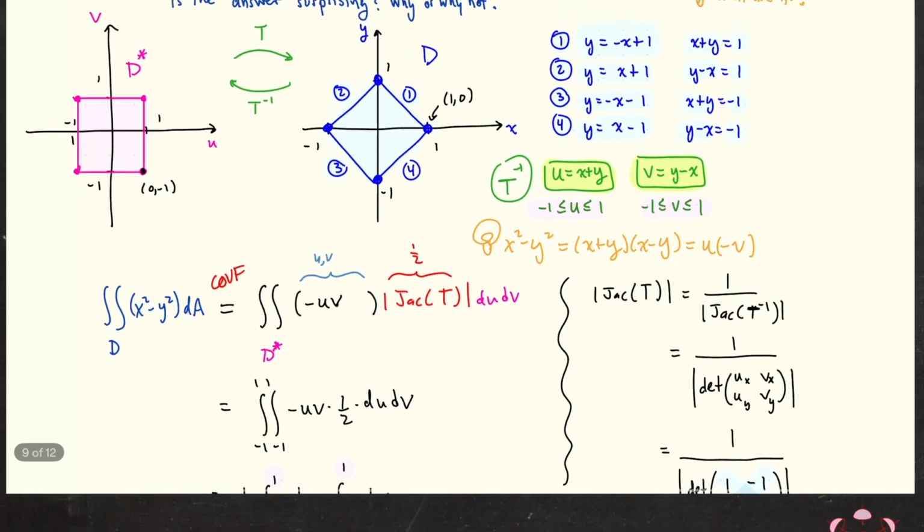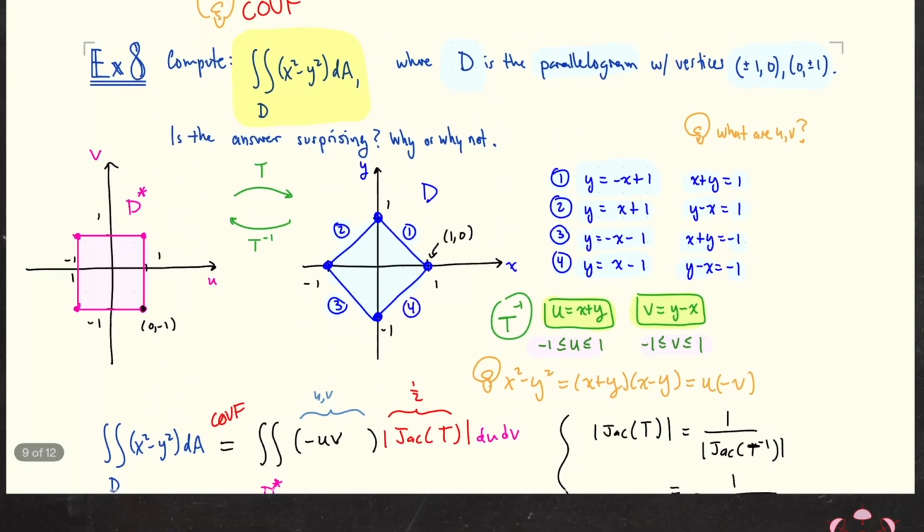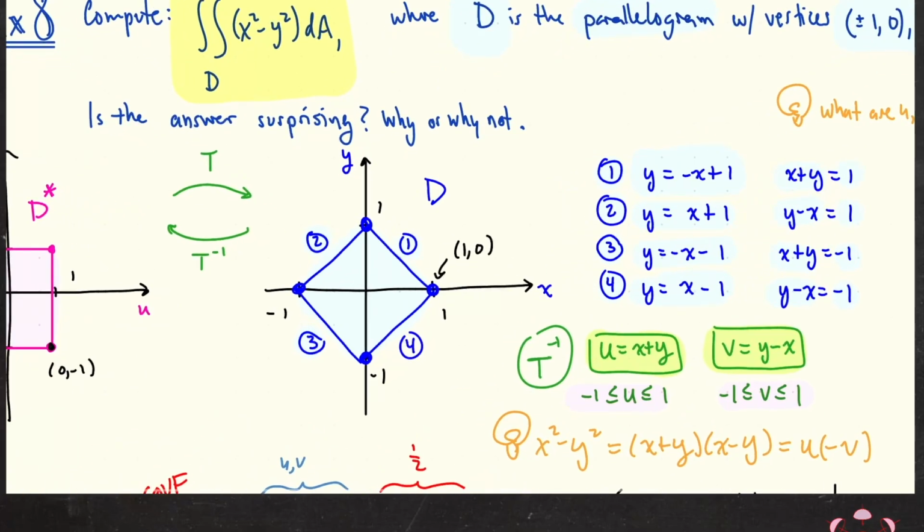So let's go back to what we did over here. I did ask, is the answer surprising? Why or why not? Well, the insight is two things. Look at that function x squared minus y squared. The x squared and y squared have the same powers. And the idea is that x and y have a line of symmetry, like around here.